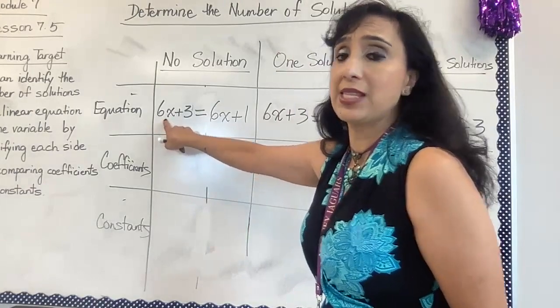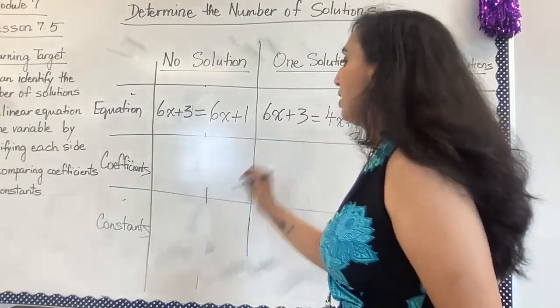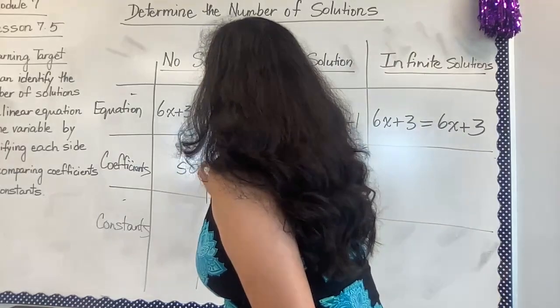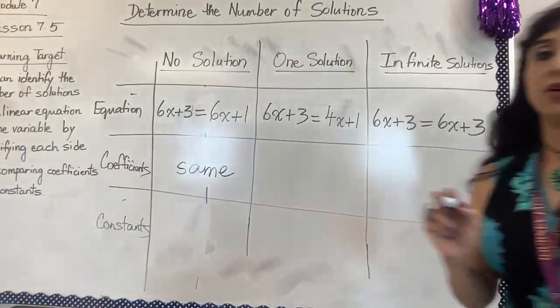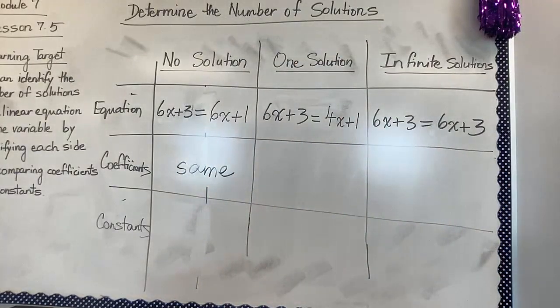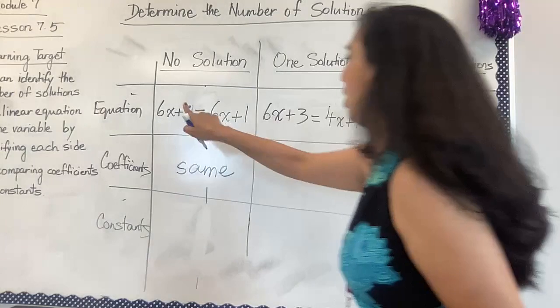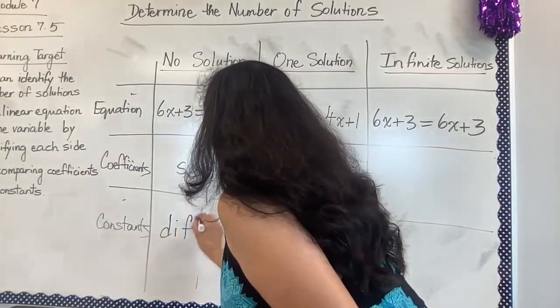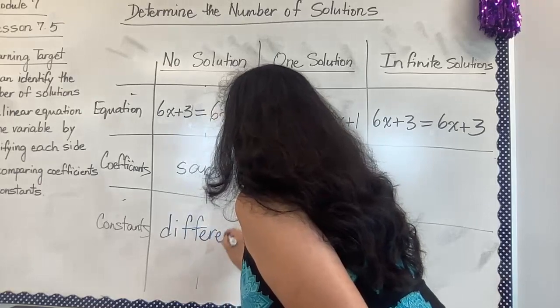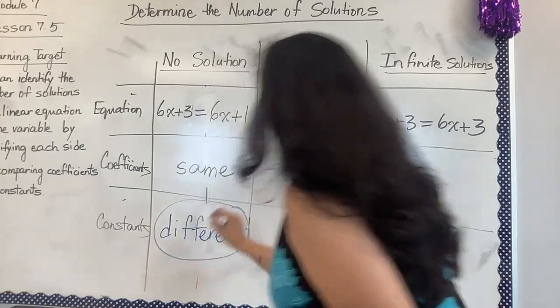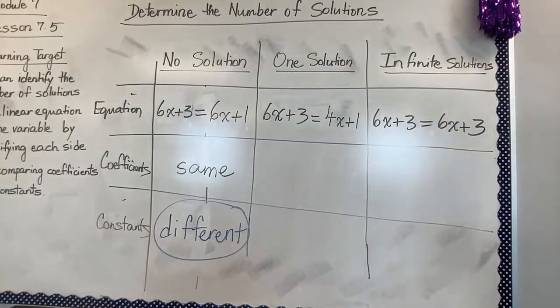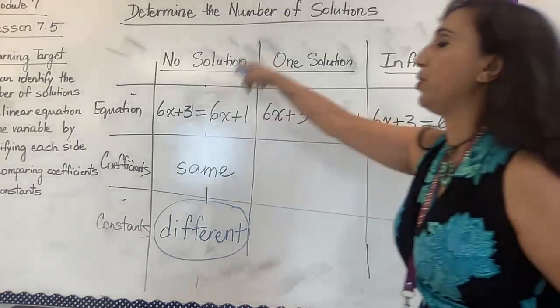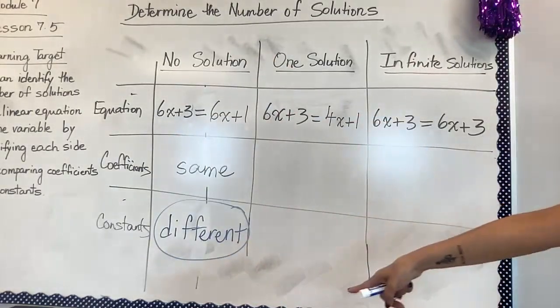So the 6x and the 6x, the coefficients are the same. However, what is the constant? The constant over here is 3. The constant over here is 1. So the constants are different. Okay, coefficients are the same, but constants are different for those where there's no solution.